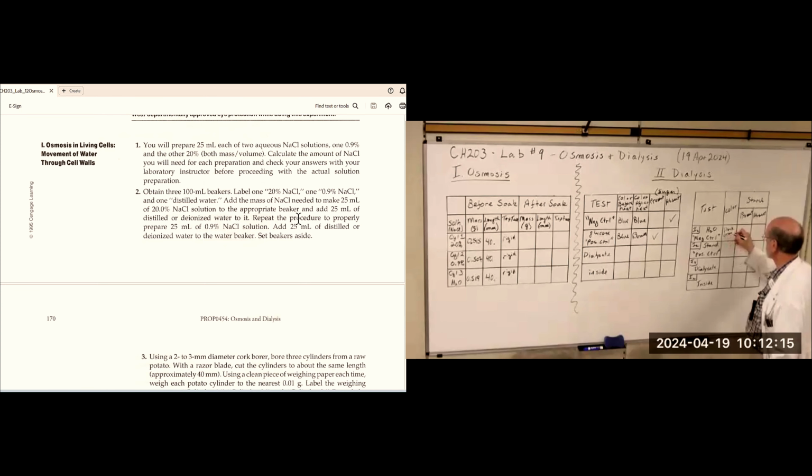Dark orange. Okay. And that's starch is absent. This is the same. It's the same color. Did you put starch in it? Yeah.